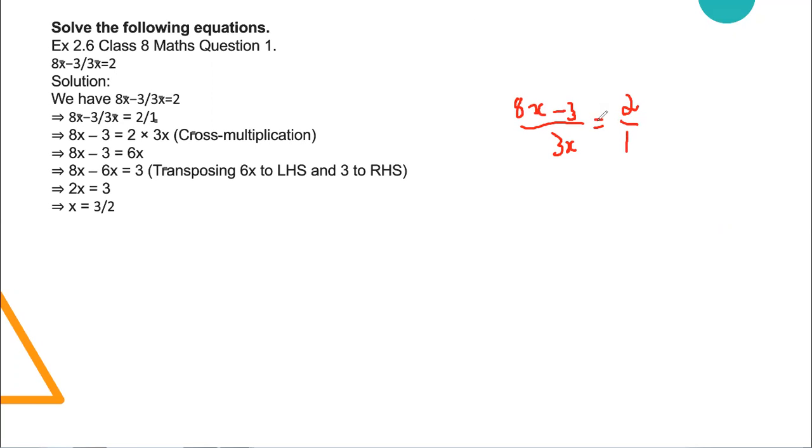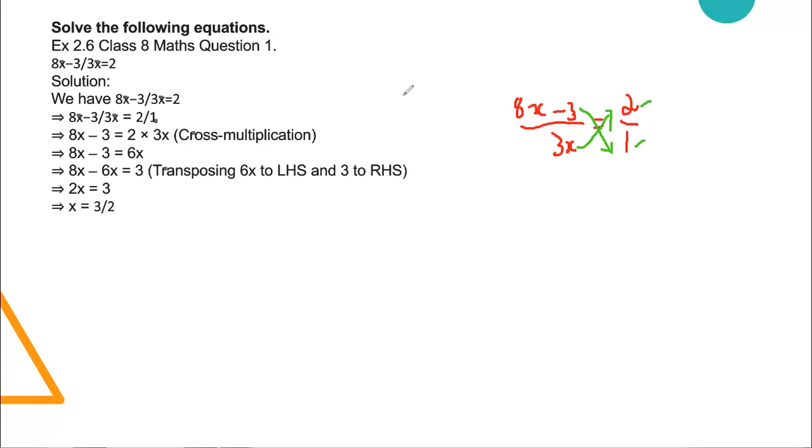In cross multiplication, the numerator of the LHS is multiplied with the denominator of the RHS, and the denominator of the LHS is multiplied with the numerator of the RHS. Hope you got it.